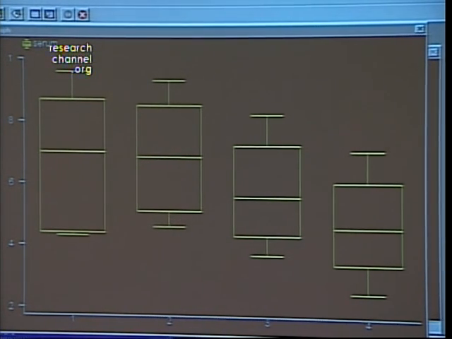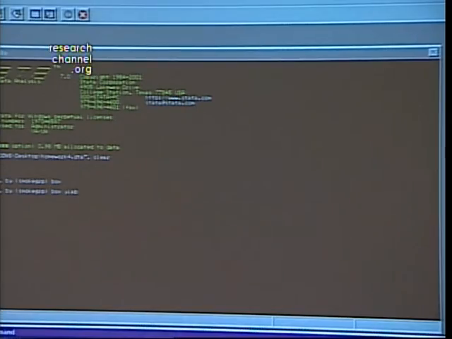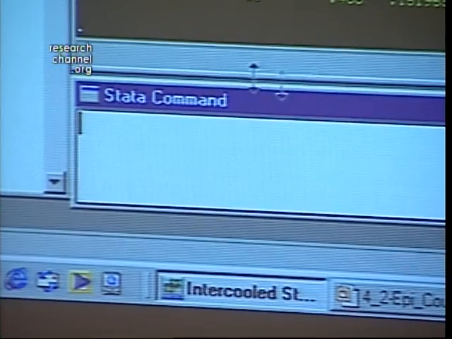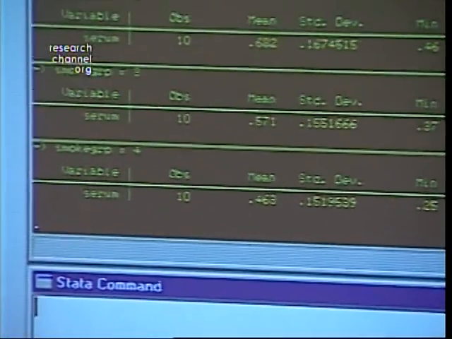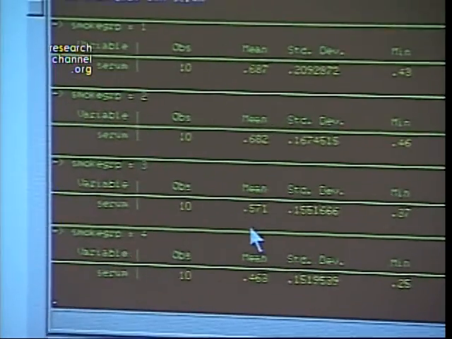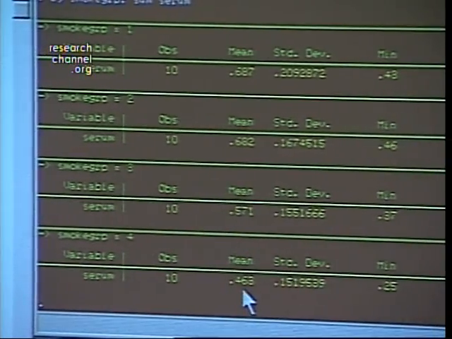We could also close this graph and then look at summarizing by smoking group serum levels. And so here what we see are 10 observations in each. We see the means that we saw in the previous slide that went from 0.687 down to 0.682, 0.571 to 0.463.